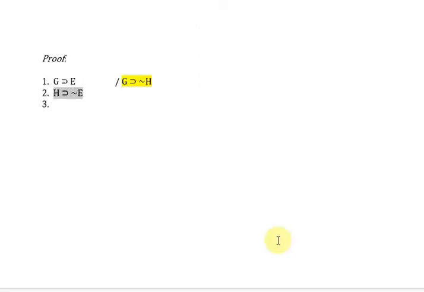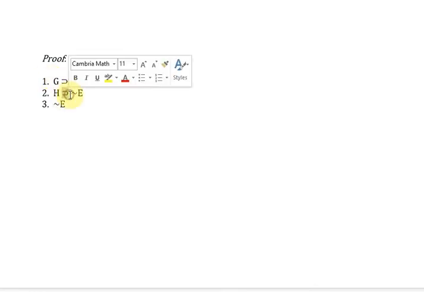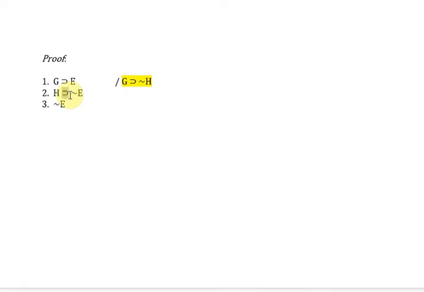So if we apply that to line 2, notice that we're going to have to switch the order of the antecedent and the consequent. The consequent is already a negation, and we cannot ignore that. We have to keep that the same. In fact, that's going to be a not E. And then remember that H is now going to become a negation, right?